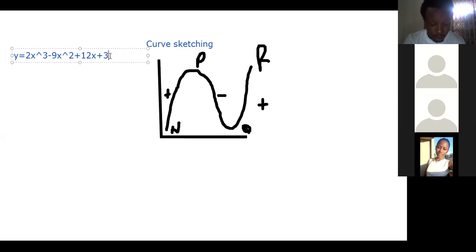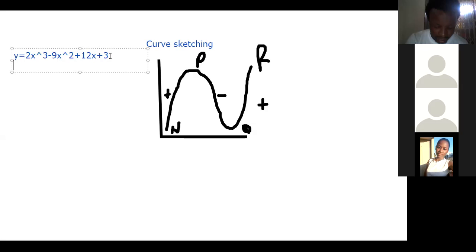That is it. So the question is that you should find the range of values of x for which the function y equals 2x cubed minus 9x squared plus 12x plus 3 is increasing.